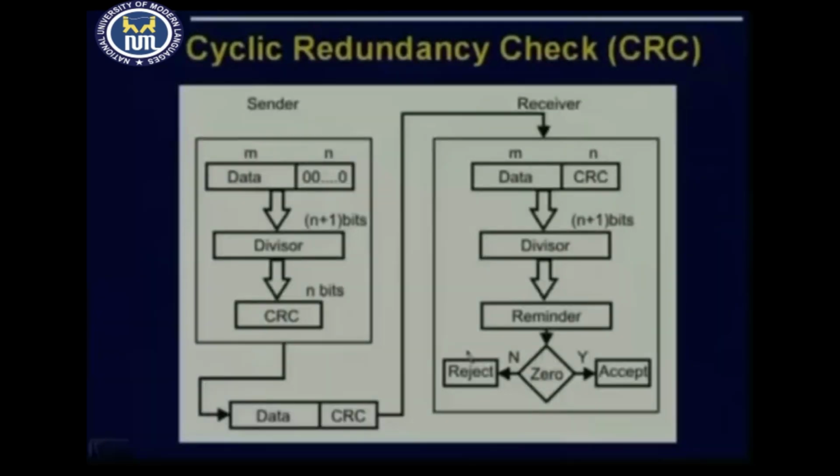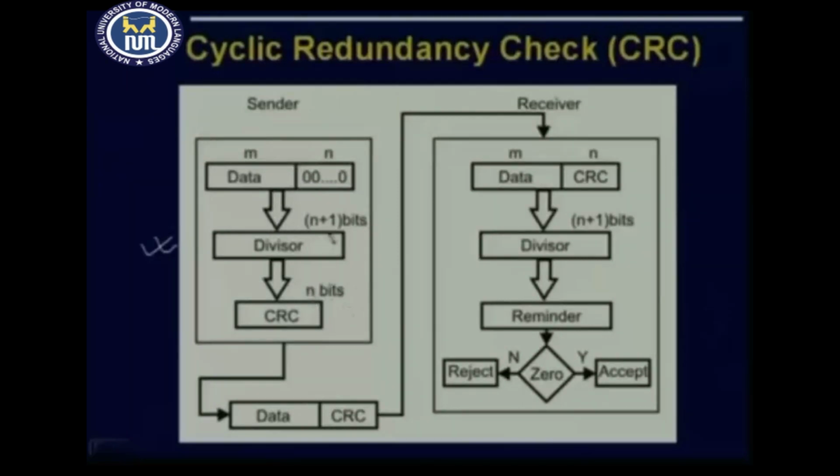Let's check out the example. Here we have data of m bits, and then we add n additional bits which are all zeros. This is divided by an n plus 1 bit number. This is the divisor, which is chosen very carefully, and both the sender and the receiver know this divisor.